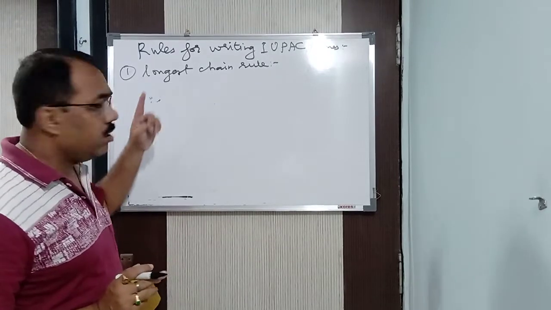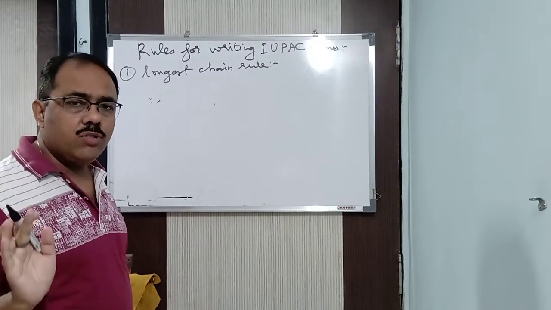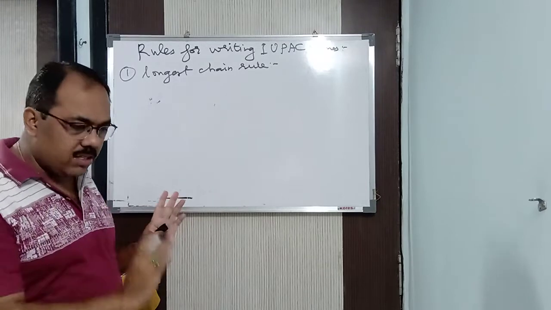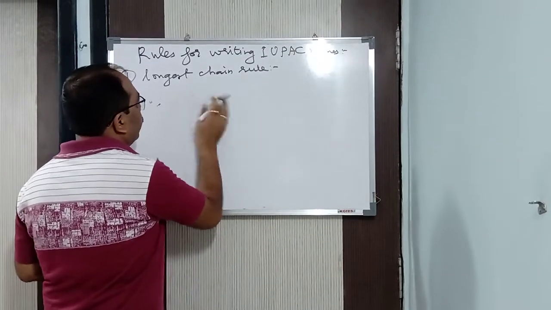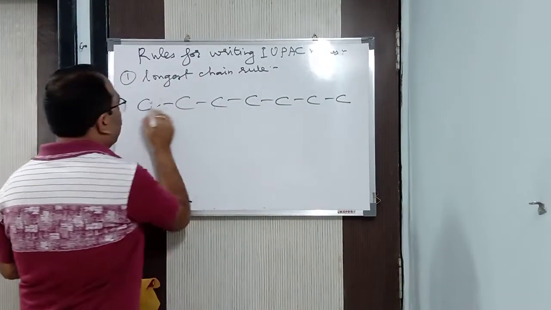Branches means the secondary prefixes, as I have said already. First, in the longest chain rule, we need to find which has the maximum number of carbon atoms. Then we will see the branches.